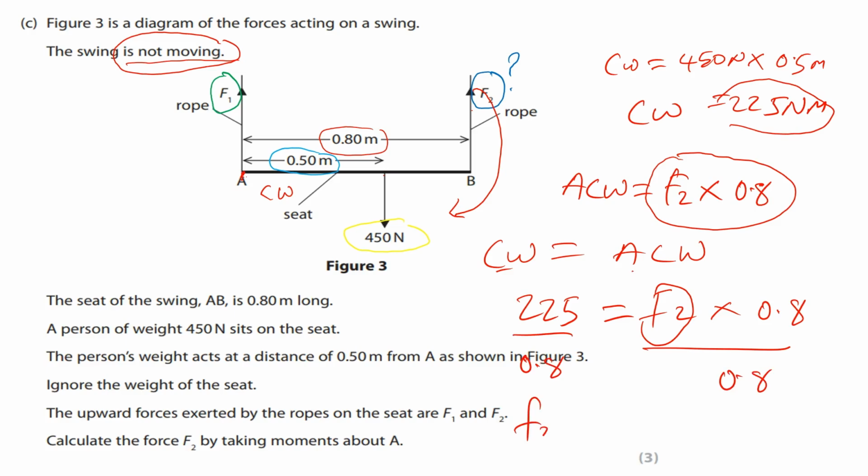So our F2 will be equal to 225 divided by 0.8, and that will give us 281.25 Newton. That is our F2. I hope that makes sense.